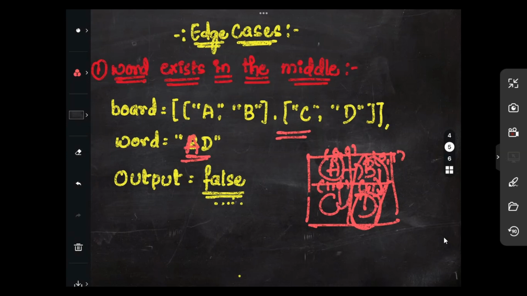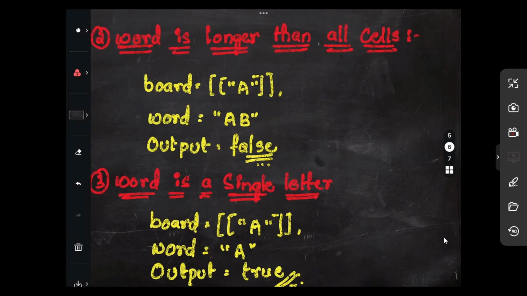For AD we cannot move diagonally, so in this case we will return false. Sorry, I considered AD here; if we consider BD, it would be true. We can either move horizontally, left or right, or up or down, one step.